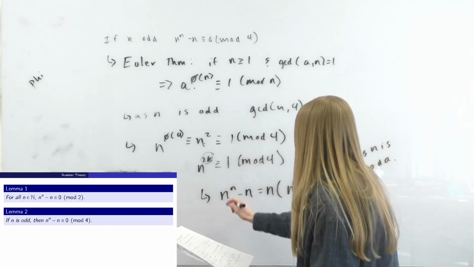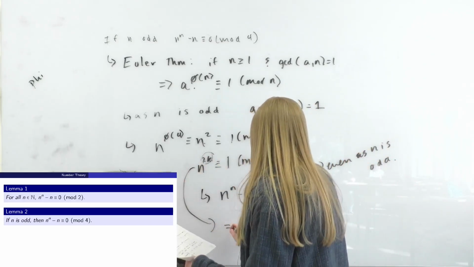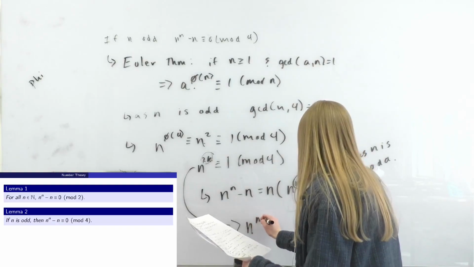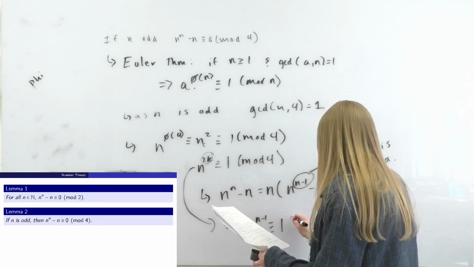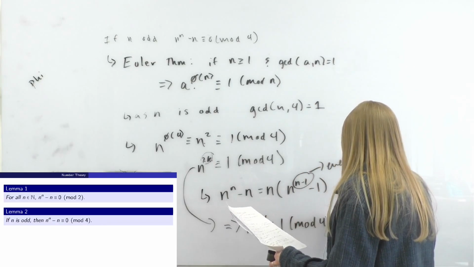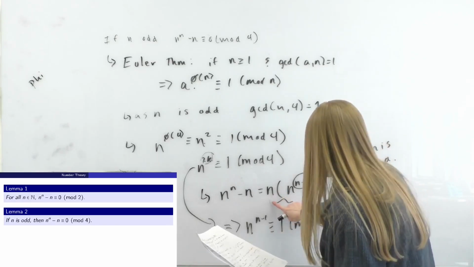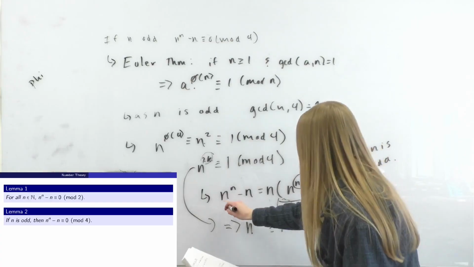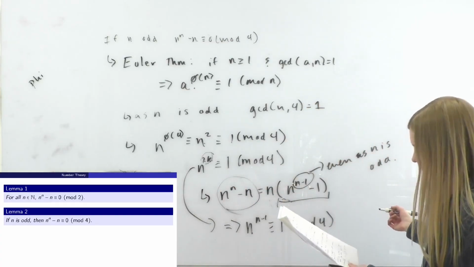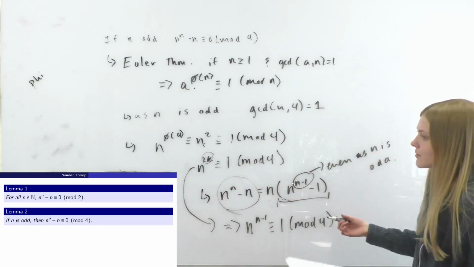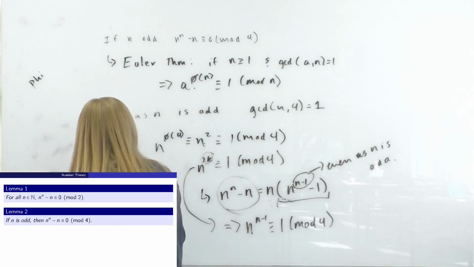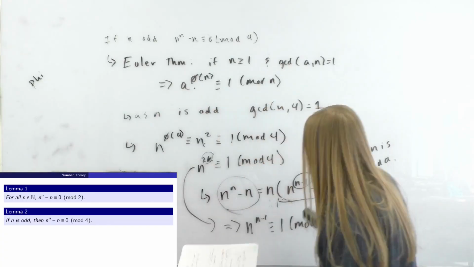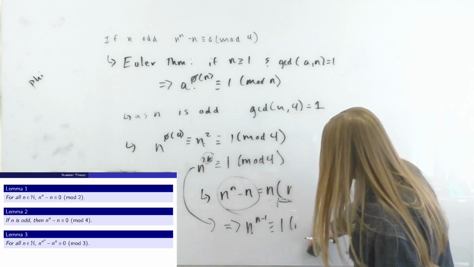So by this, n to the n minus 1 is congruent to 1 mod 4, so this piece is divisible by 4. Thus, this whole thing is divisible by 4. That's where we're at, lemma 2.